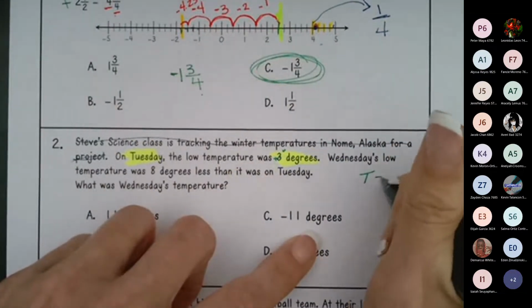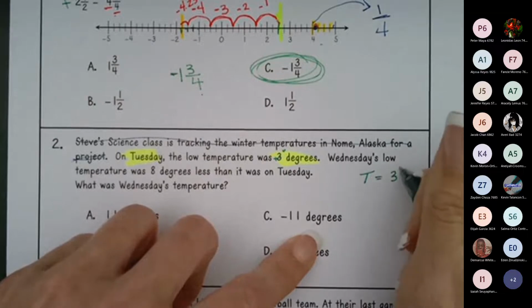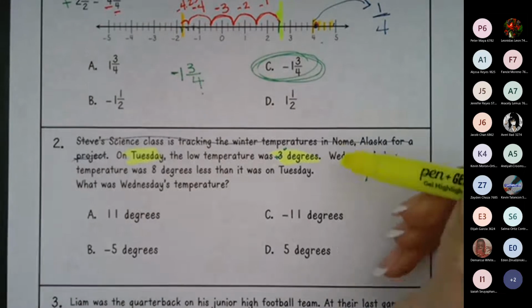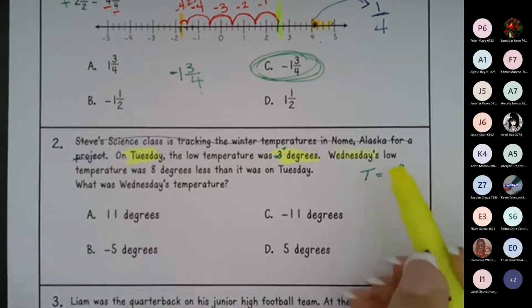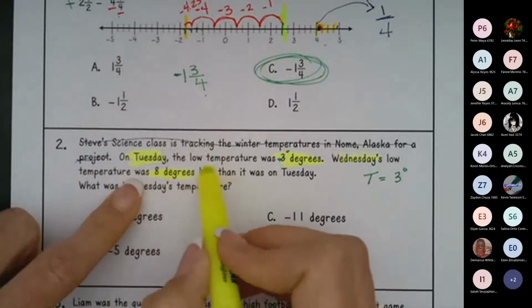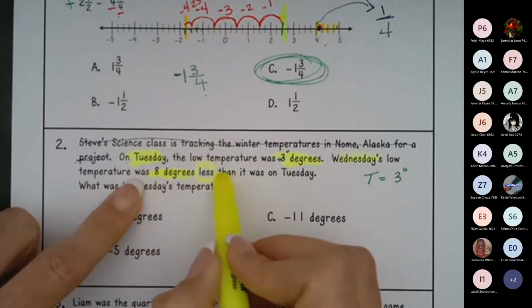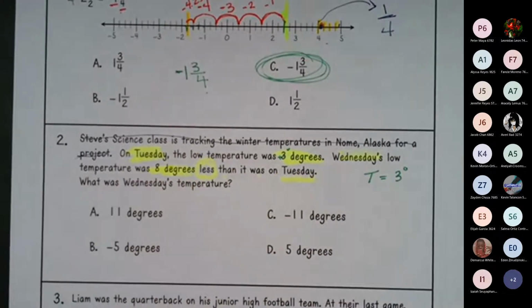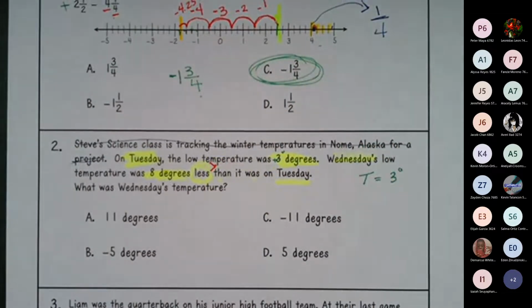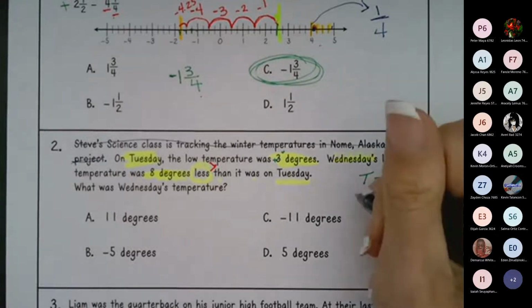So we can say Tuesday is equal to 3 degrees. All right. So Wednesday's low temperature was 8 degrees less than it was on Tuesday. So that gives me an inequality, right? I have a less than inequality. So for Wednesday, I'm going to need to figure out what the temperature is.